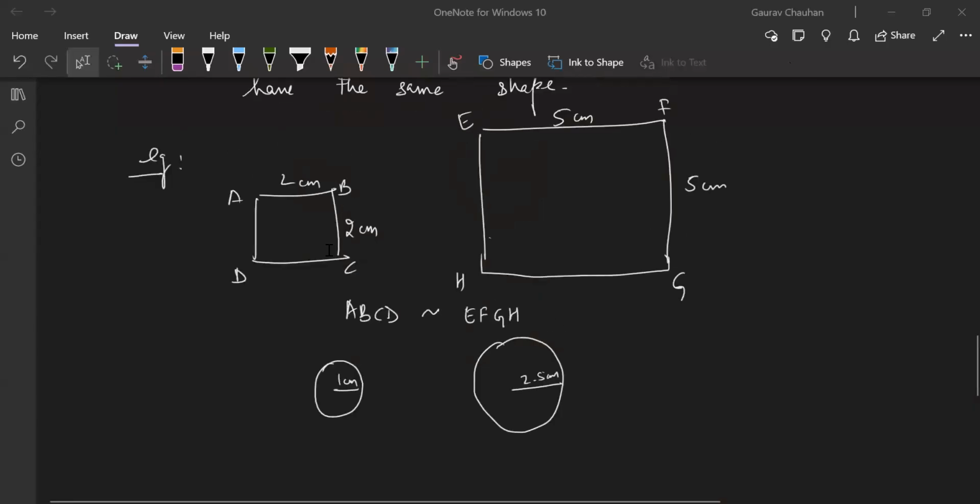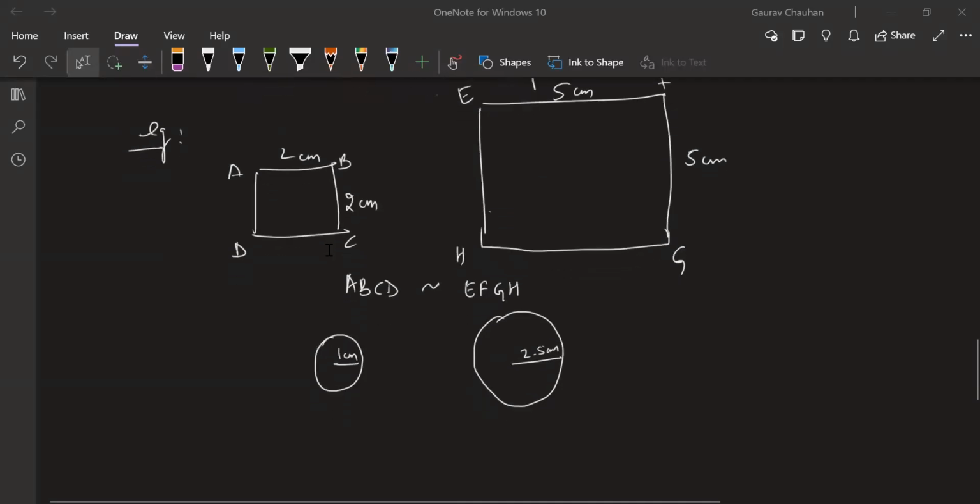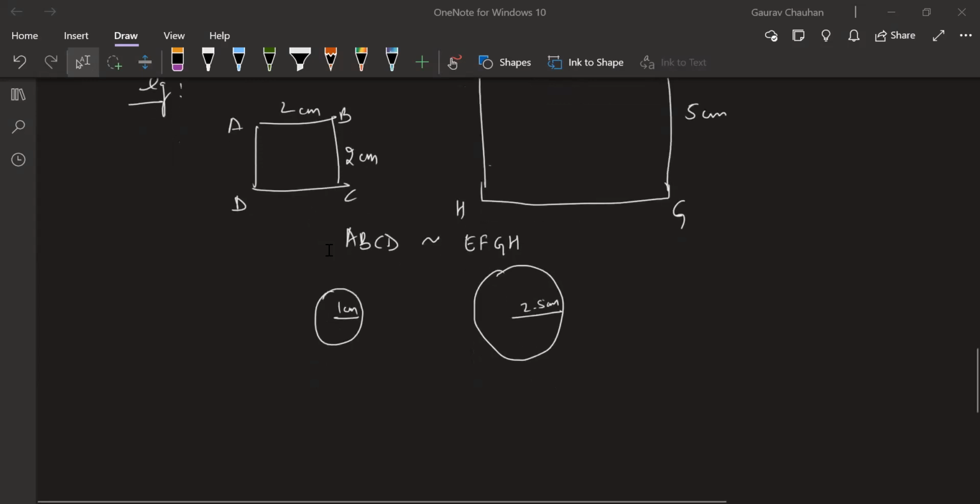Now the thing is that there are a lot of such examples. Take this as an exercise for yourself. Notice such things in your real world, like maybe a miniature perfect spherical ball and a football, a bigger ball. These two would be similar, right?